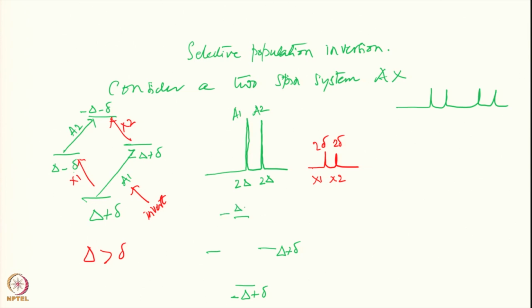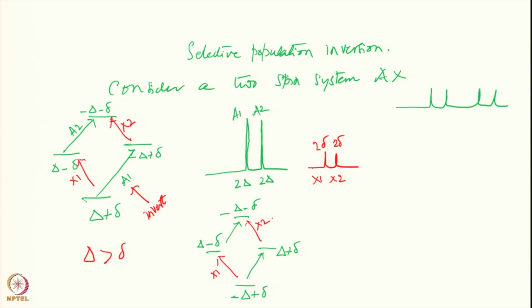So, this will be delta minus delta and this will be delta minus delta. I am not perturbing these populations at all. Okay. Now, let us see what happens to the transitions. These were my A1, A2 transitions, and these are the X1, X2 transitions.